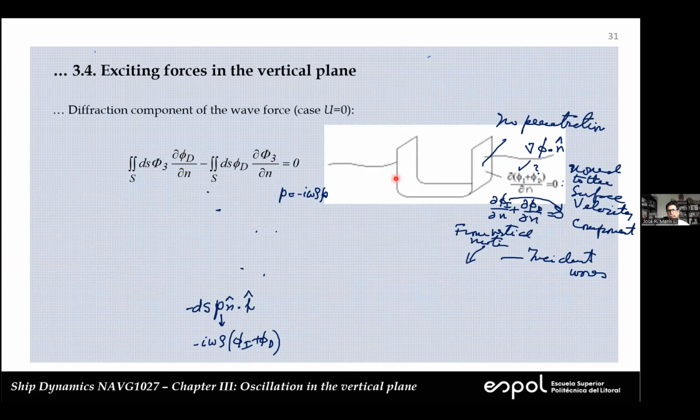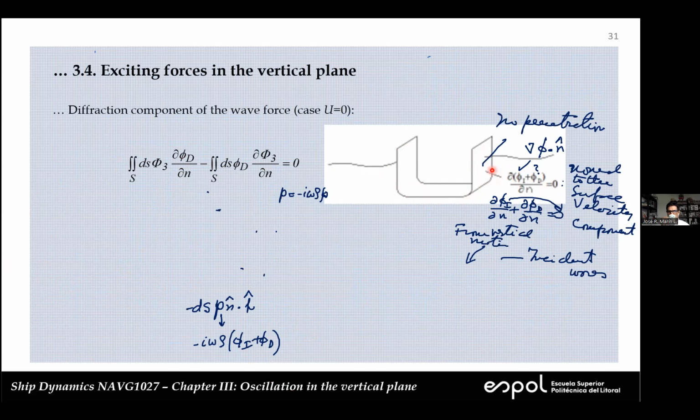Here, we see the hull is not moving. So on the hull surface, the derivative of the potential function, which is the combination of the incident and the diffraction, in the normal direction has to be equal to 0 in order to avoid any velocity in the normal direction.